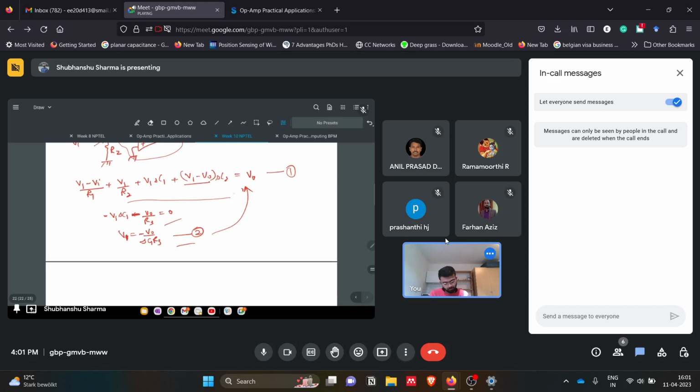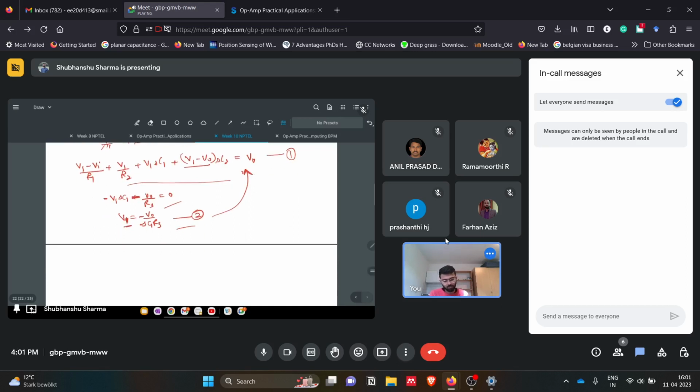If we put V1 in this first equation, then we'll get something like this: (1 by R1 plus 1 by R2 plus SC1 plus SC2) minus Vi by R1 V0 S C2.